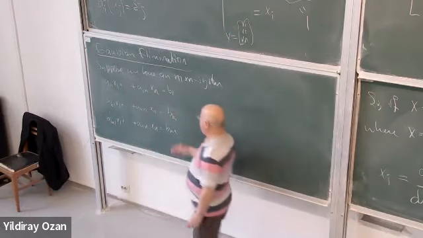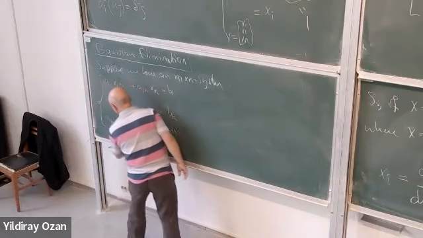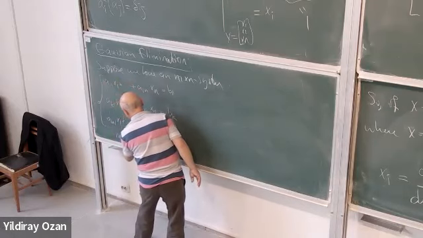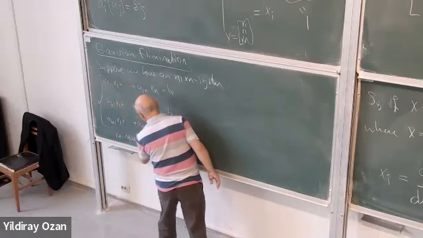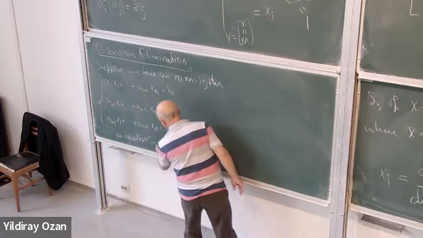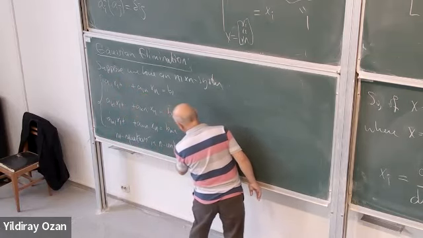If we have equations like this, so m linear equations in n unknowns, right?